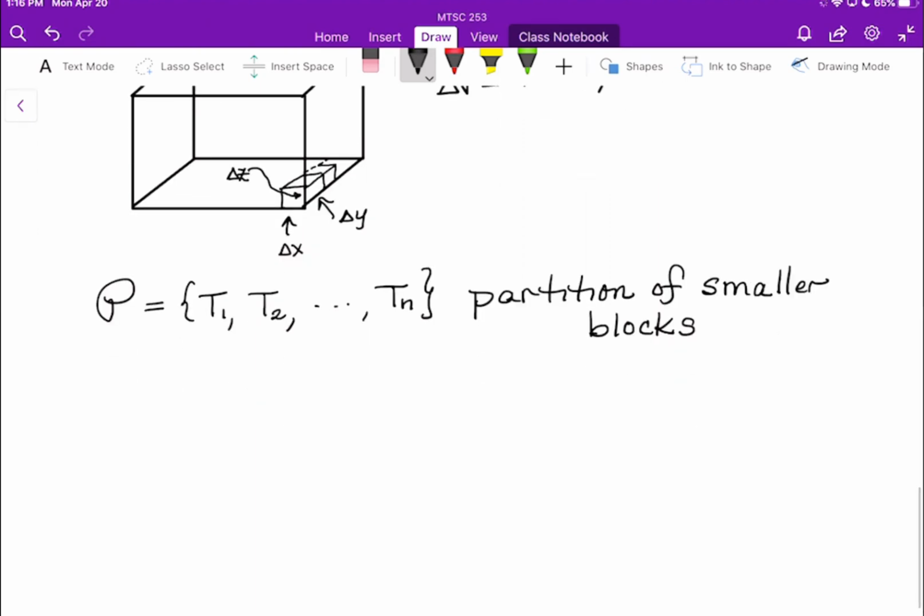And then as we do, we're going to make a selection, which is going to be some small point. Let me blow it up for a minute.